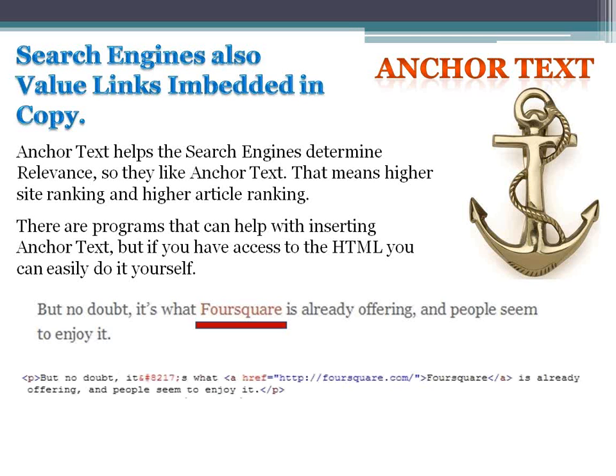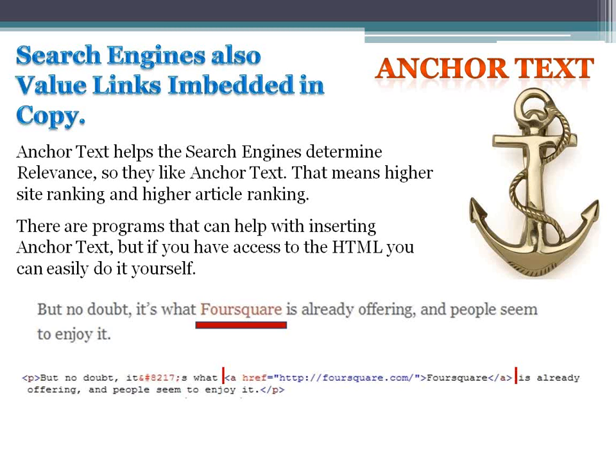When you look at it from the code standpoint, this is what you see. And it's really interesting. You see the words, but no doubt. Well, right here is where the code is that makes that Foursquare word become anchor text. You see the link right in the middle of it, http://Foursquare.com.